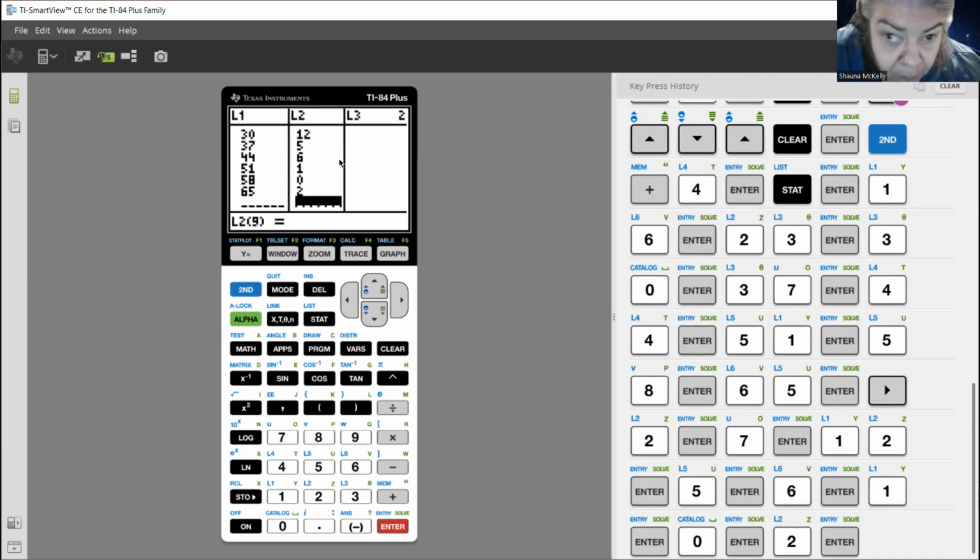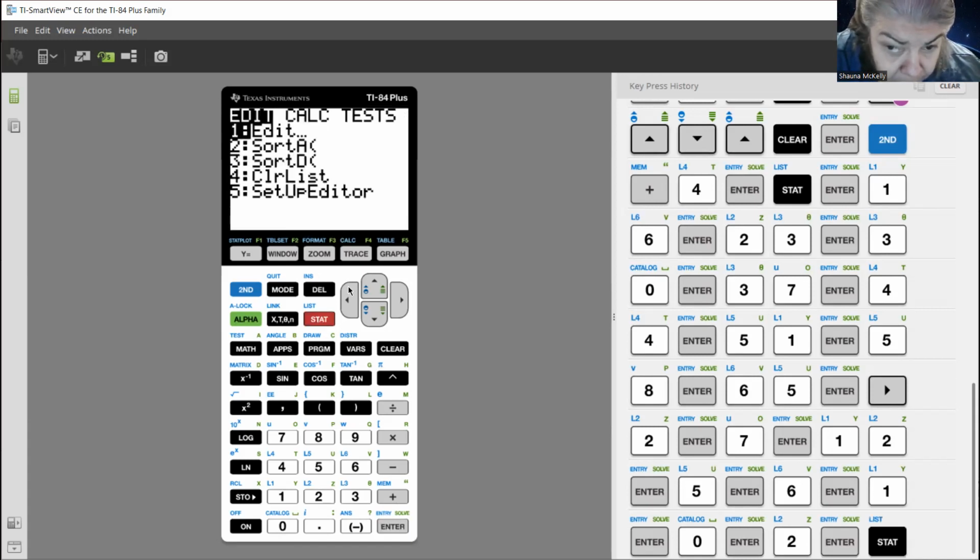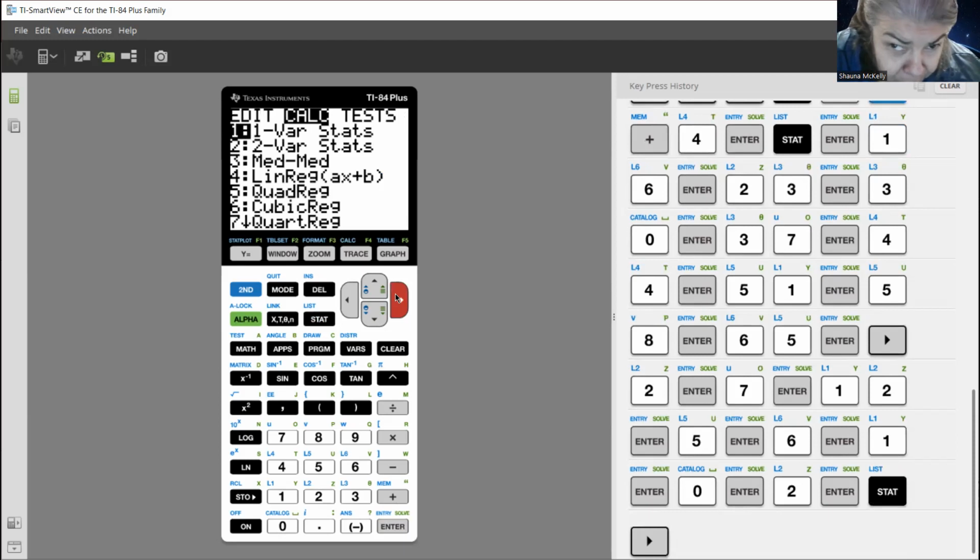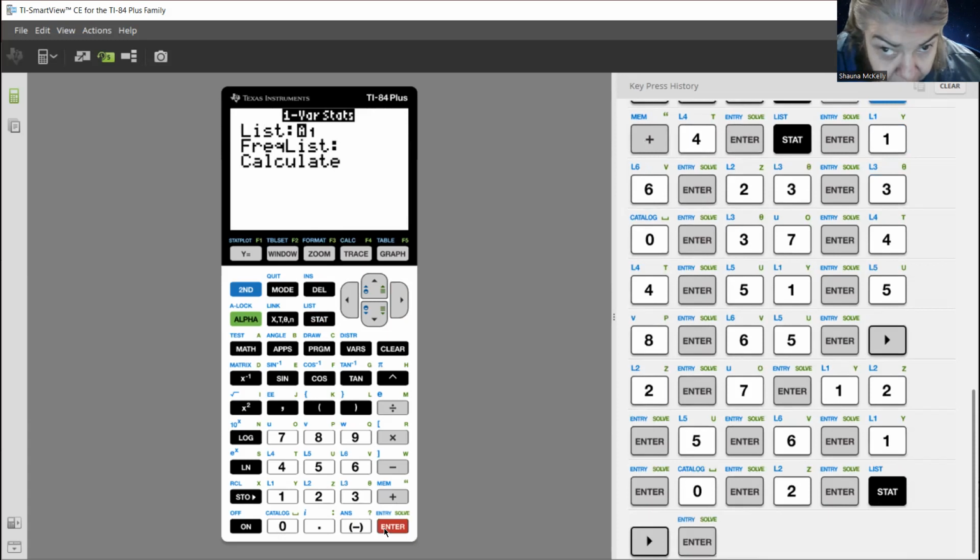Now, from here, she doesn't want you to use the formula. All you're going to do is go stat, calc, and even though you have 2 lists, you're going to hit one variable statistics, okay? One variable statistics here, number 1, or hit enter. Now, your list is where your midpoints are, okay? That your list is in L1.